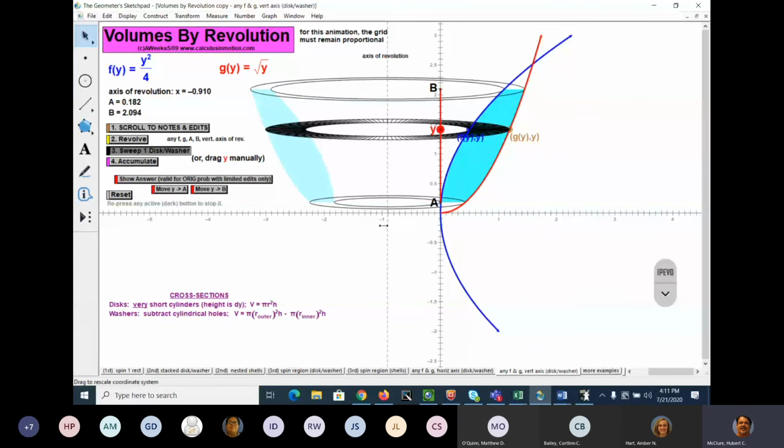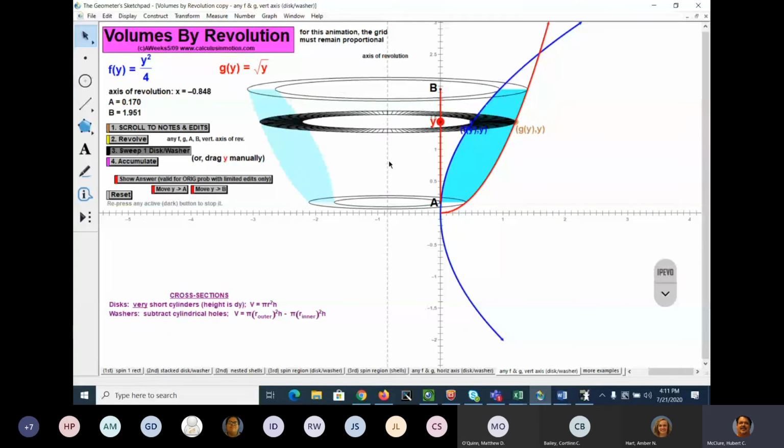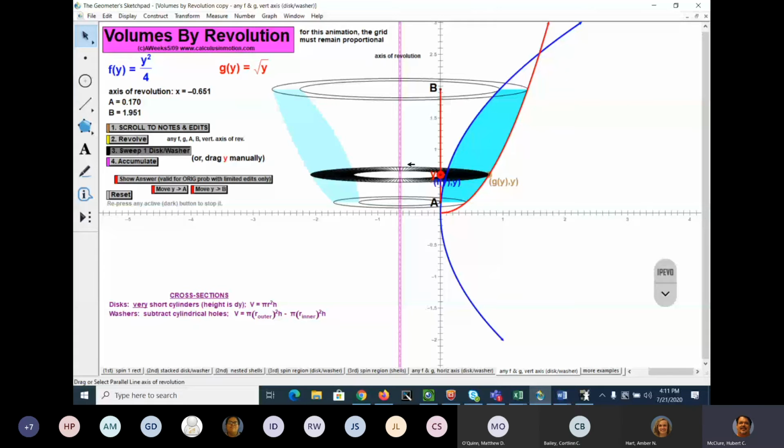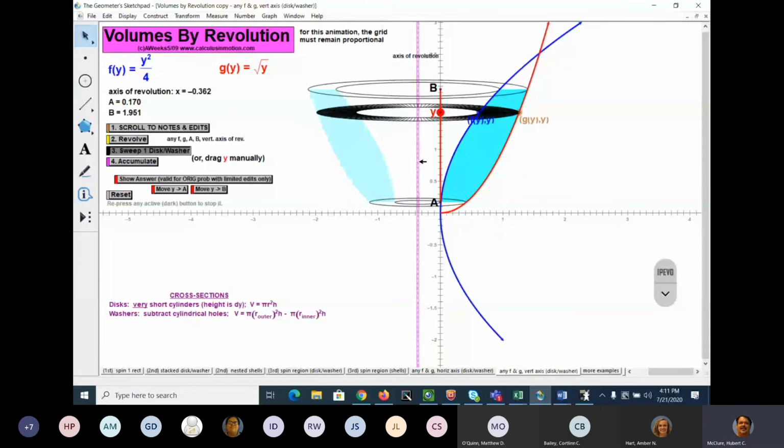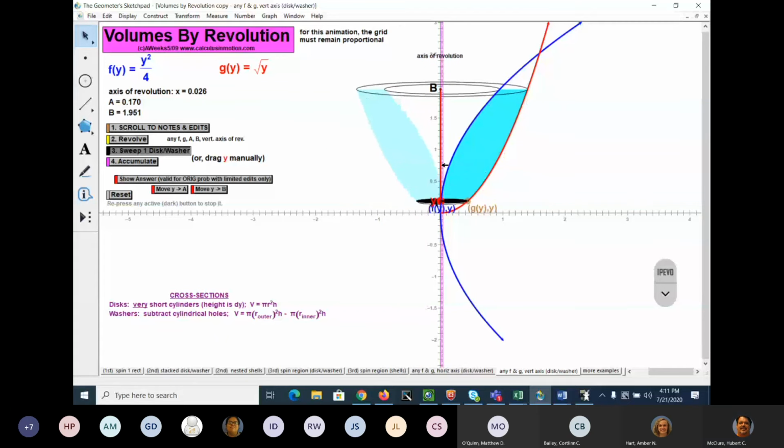I thought you could move the axis of revolution. Yeah. If you notice, there you go, and you set it like this. Now you got a disk that opens up. I'm trying to get it on 0, but I'm not.